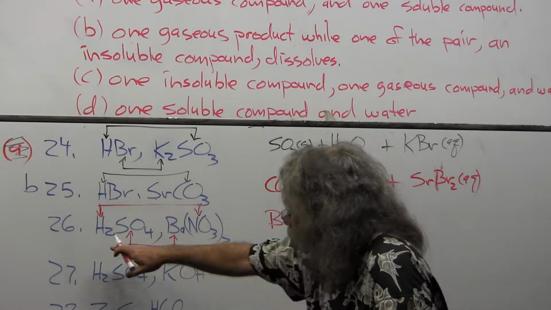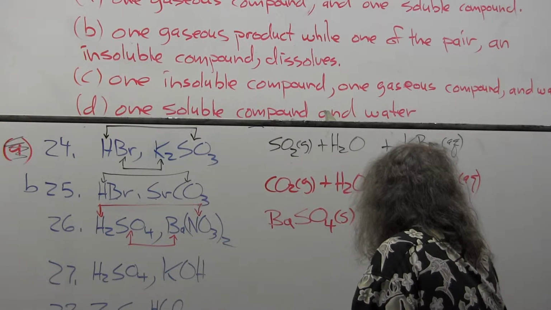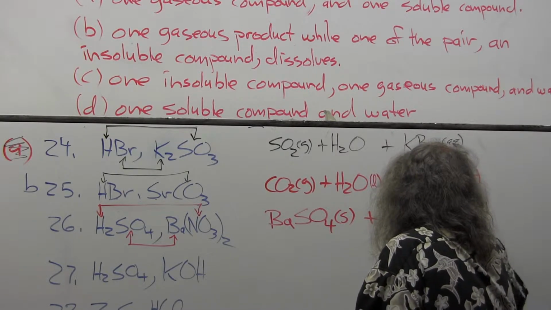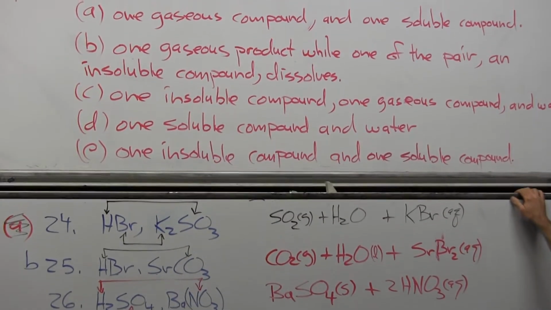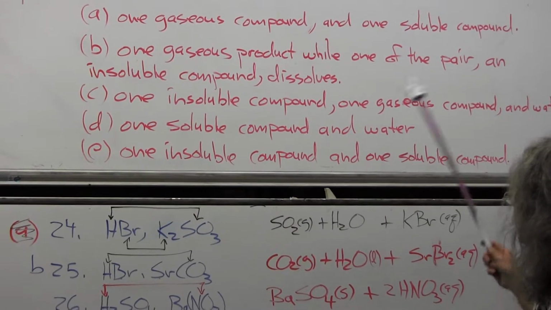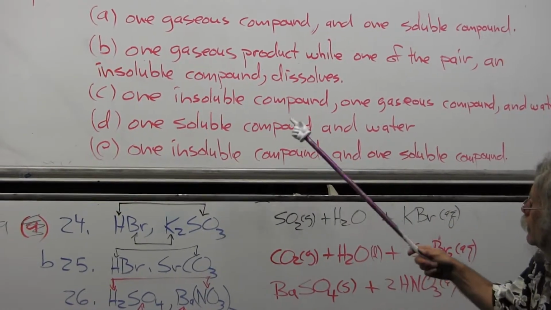Plus, the outer pair, we know, is soluble. It's going to be 2 nitric acids, and that's in solution. So now, what best describes this? This would not be A, certainly not B. There's no gaseous products involved.